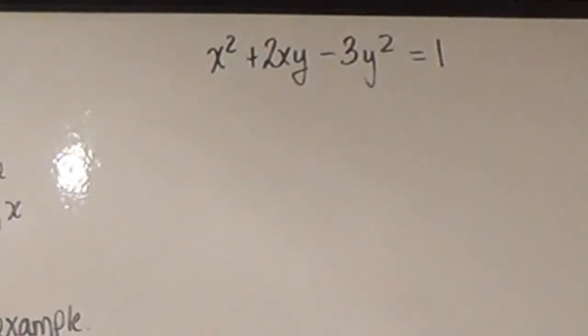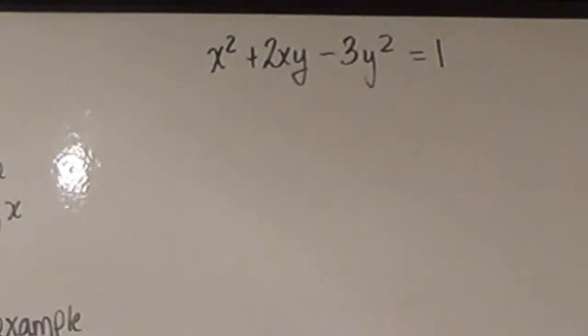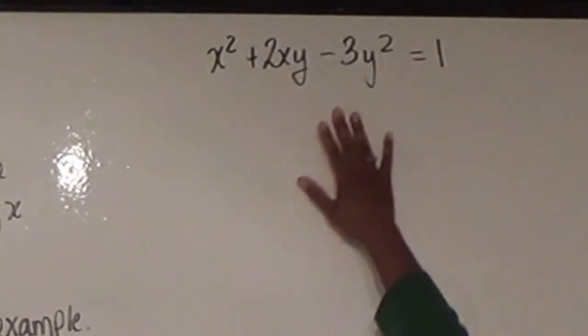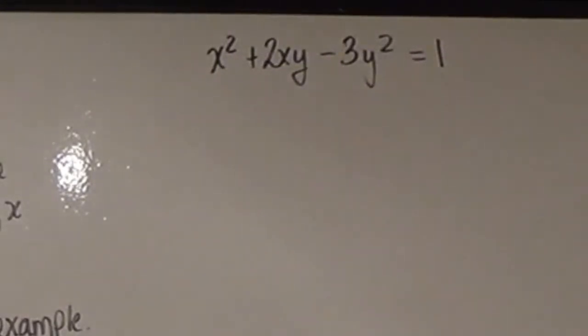So let's look at another example. Let's take x squared plus 2xy minus 3y squared equal to 1, and let's find its derivative. Again, the first thing we're going to do is take the derivative of each term, treating y as a chain rule.